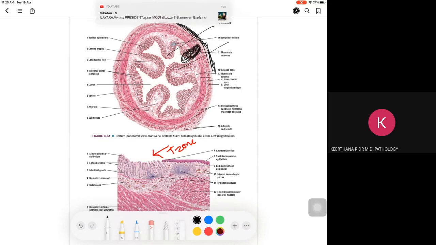As this is adventitia, if the tumor is there, that means they might have left some tumor in the patient. So it is known as R1 surgery. The resection margin is not free of tumor. In R0 surgery, the resection margin should be free of tumor.